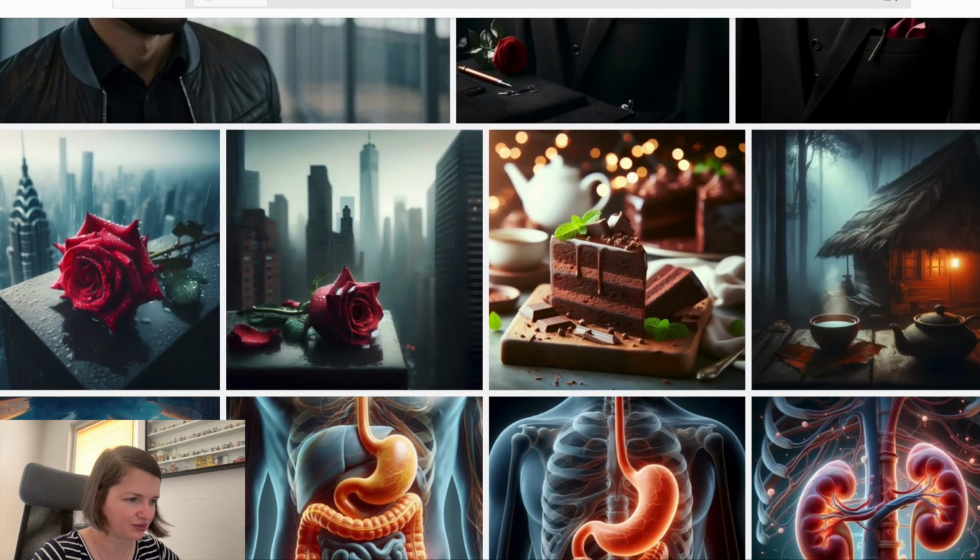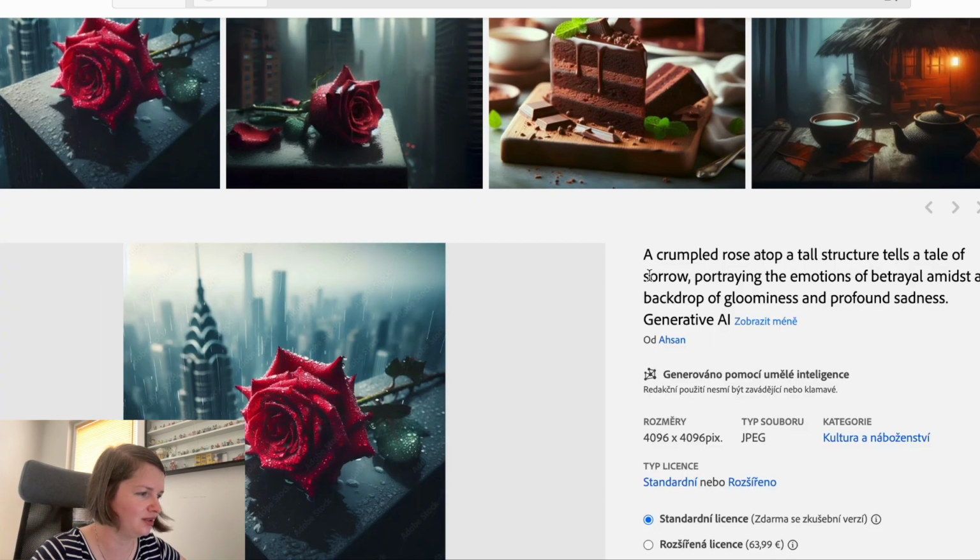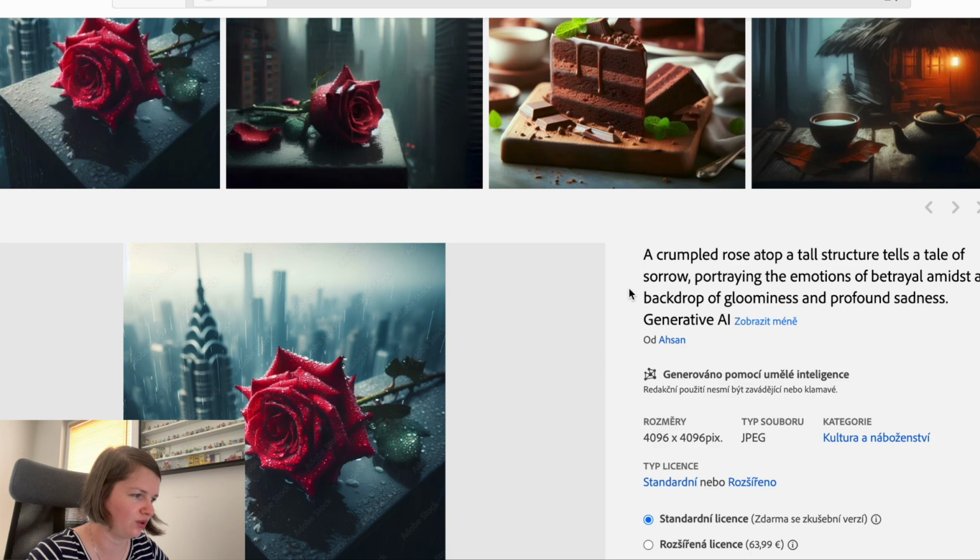So again, here for example. You are saying in the description, a crumpled rose atop a tall structure tells a tale of sorrow, portraying the emotions of betrayal amidst a backdrop of gloominess and profound sadness. First of all, it looks like New York, like the Chrysler building.